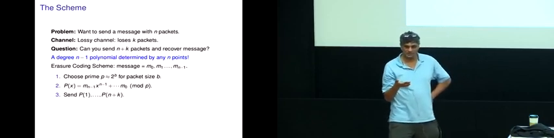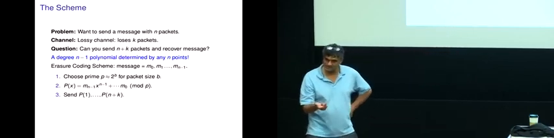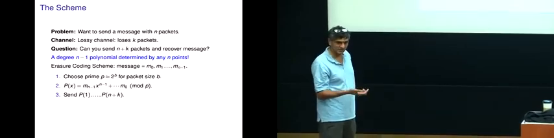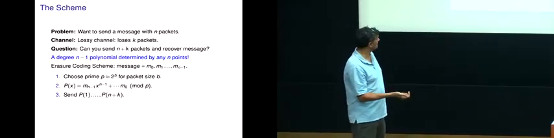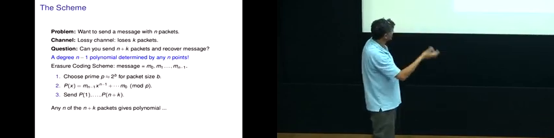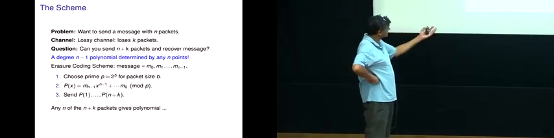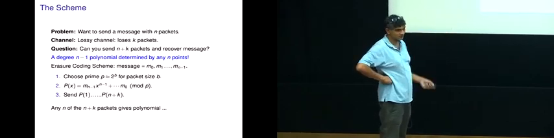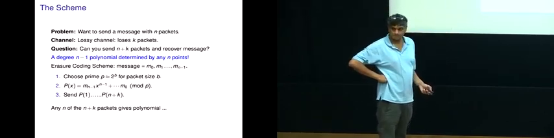Now, p should be large enough that the number of bits that fit in each packet is about log p. Then you send all these points, and any n of the n plus k packets gives you the polynomial, and it gives you the message.